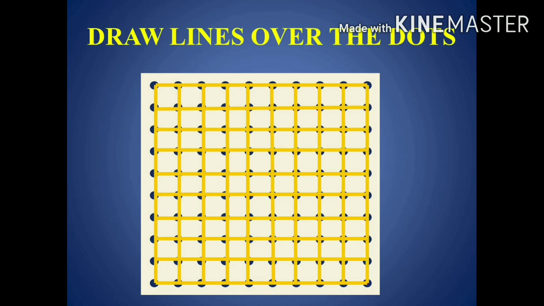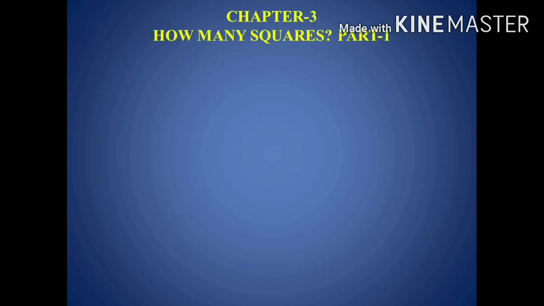So now you get a square grid which has so many squares. So our new chapter is How Many Squares? This is part one of this chapter.